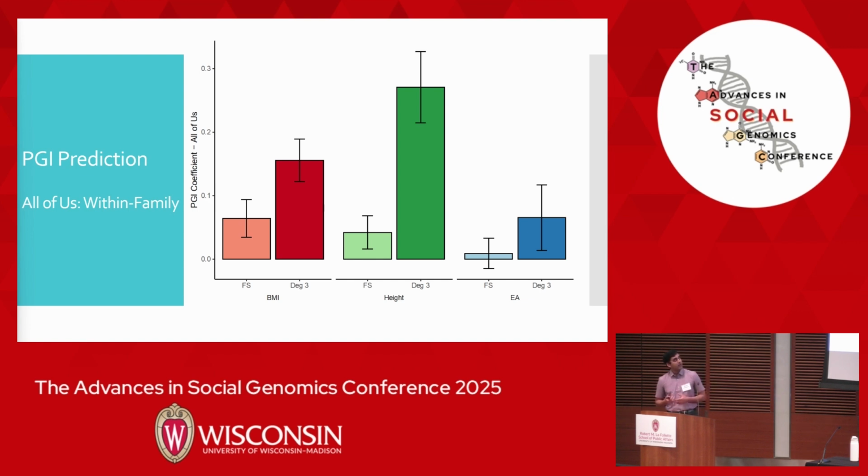And we ran this regression of the All of Us phenotype on the PGIs, and the beta from that regression is plotted here for the 3 phenotypes, where we have the siblings and degree 3 PGIs. Again, supporting the results from before, we see this increase in predictive power as we move out from the siblings threshold to the degree 3 threshold.